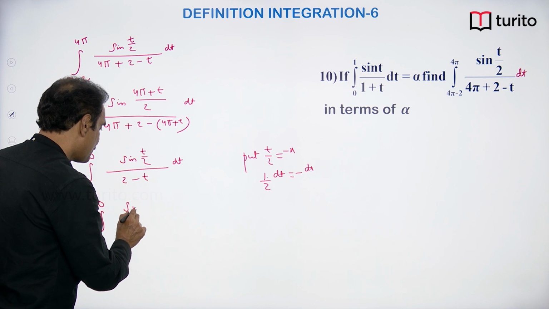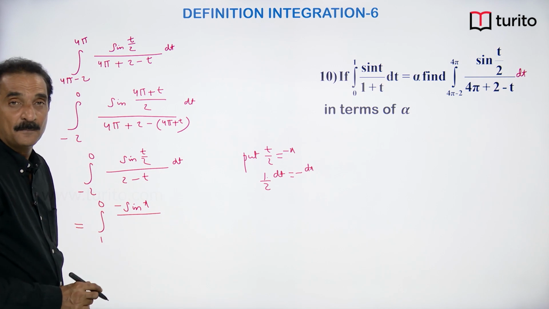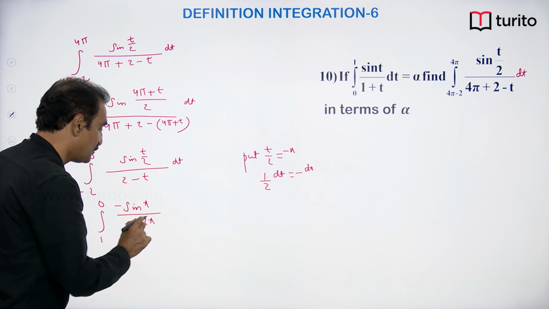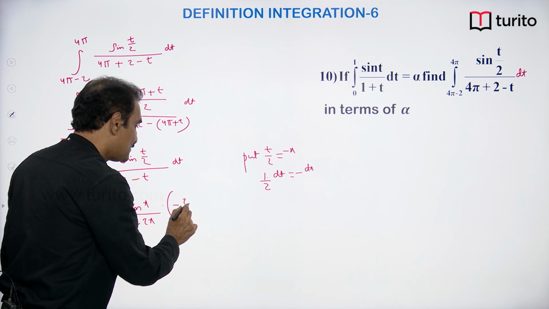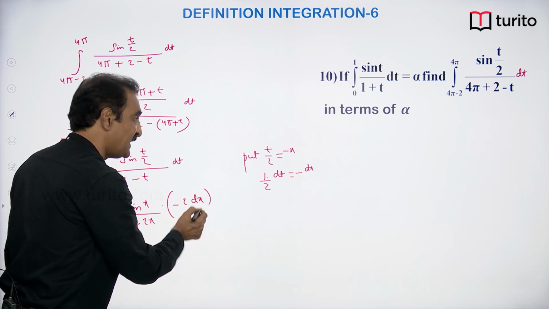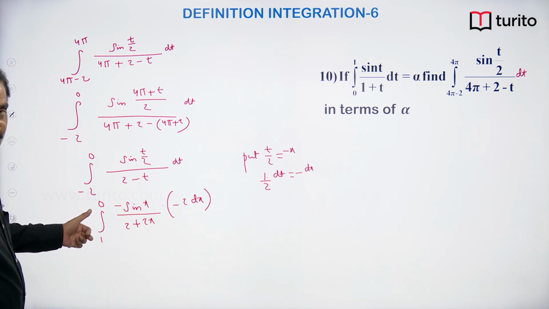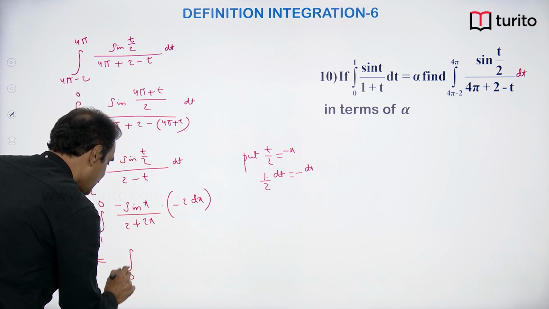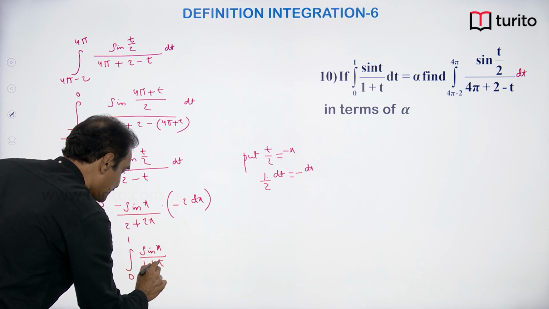Numerator, sin minus x is minus sin x by 2 plus 2x into dx is minus 2 dt, dt is minus 2 dx. Now you can interchange the limits and write minus sign. Then this becomes integral 0 to 1 sin x by 1 plus x dx.